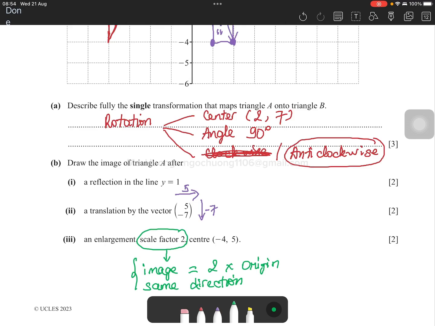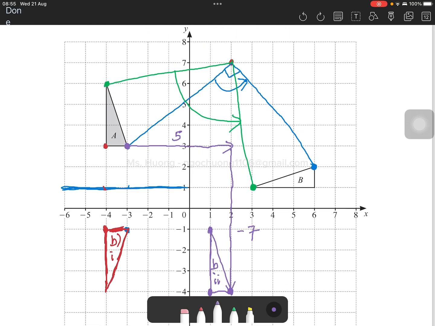So let's plot the point (-4, 5). This is the center of the enlargement. So from this point, we check the distance to this green point. It is 1 unit. So we double this distance and we get here. This one is the image of that green point.